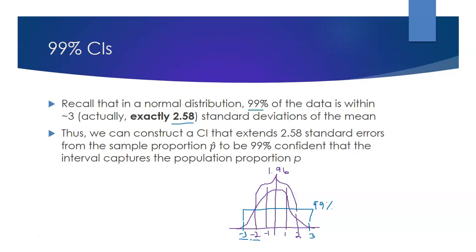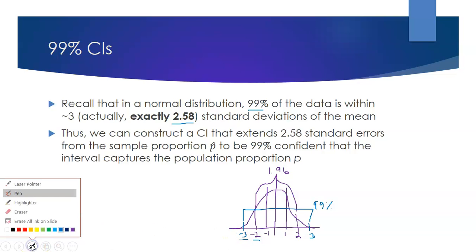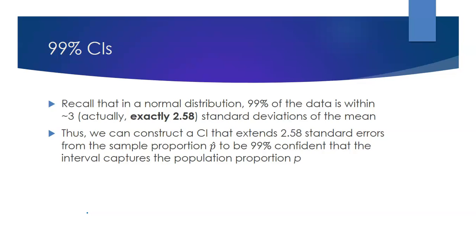Of all of those 1,000 confidence intervals that we created, about 99% of those intervals would actually contain the true population parameter. Okay, so that then is kind of like the underlying meaning behind these confidence intervals and the difference in the 99% or 95%.